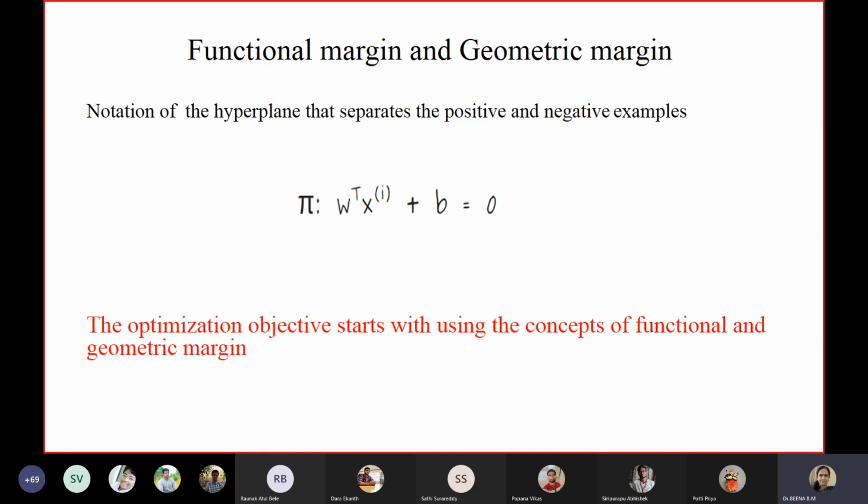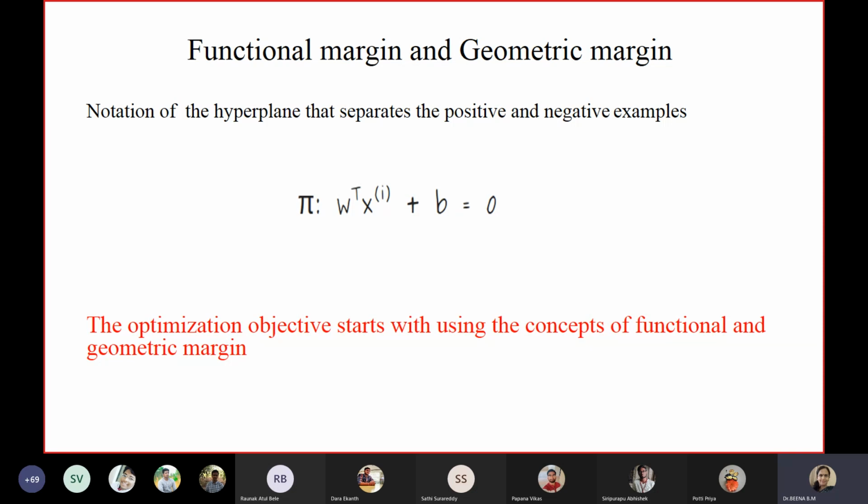Then what is geometric margin? Geometric margin is the Euclidean distance between a data point x and the hyperplane.